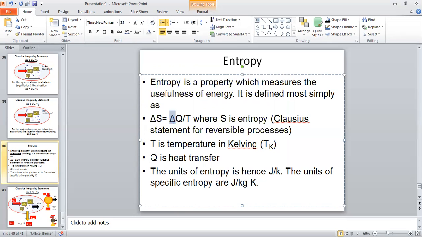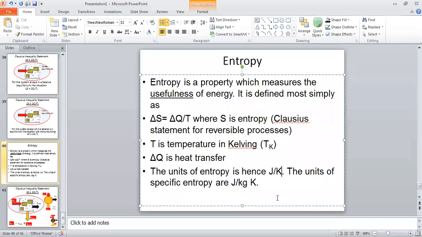Delta Q is heat transfer, so the unit of entropy is joule or kilojoule per Kelvin. This is capital K.